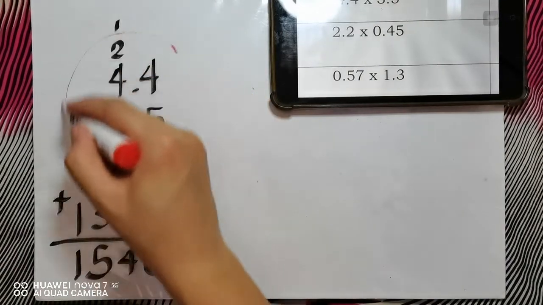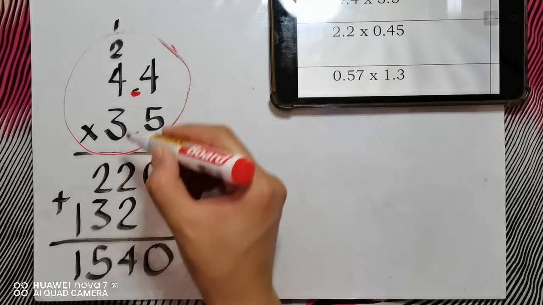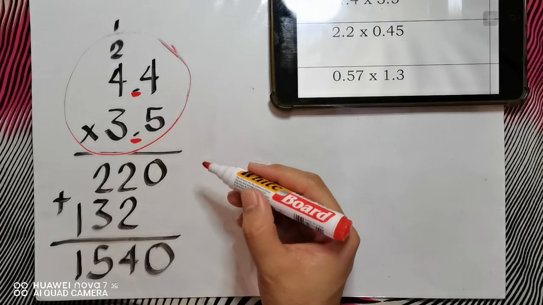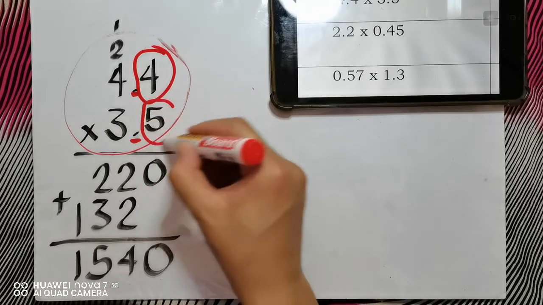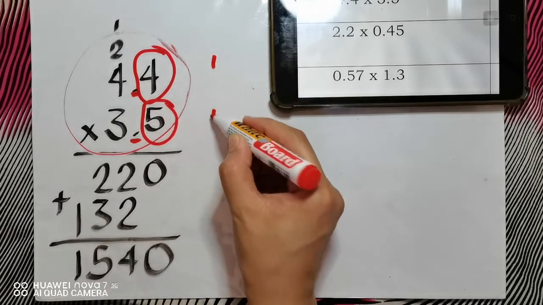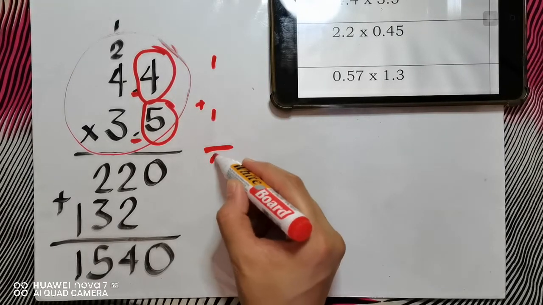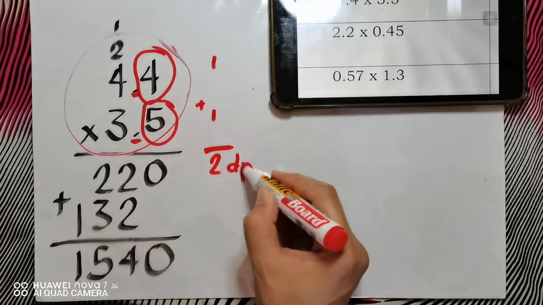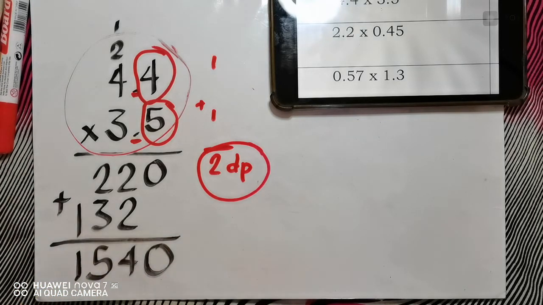And then, balik kayo dito. Hanapin ang decimal point. Bilangin yung numbers na nasa kanan. May isa dito. May isa dito. Add mo. 1 plus 1. You have 2 decimal places. So, in your answer, you also need to have 2 decimal places.